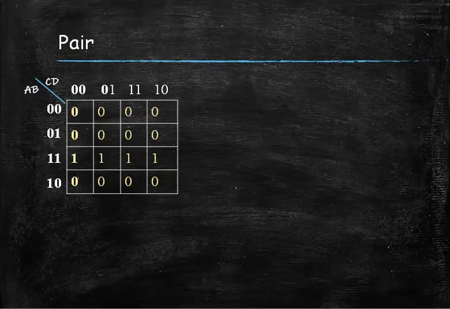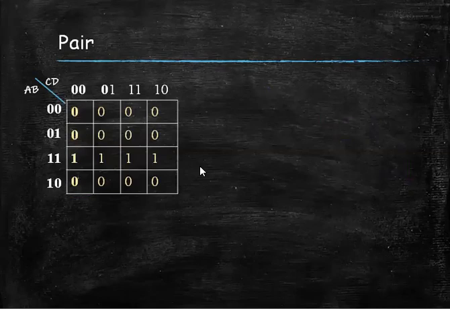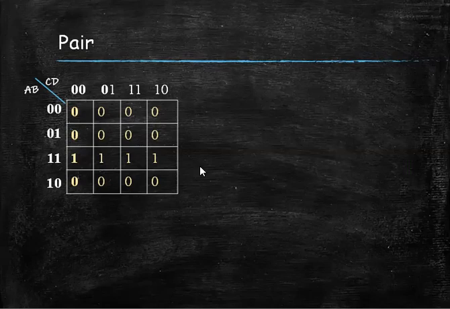Here we see that there are 2 pairs, but the 2 pairs are horizontally adjacent. It is one pair and it is the next pair.